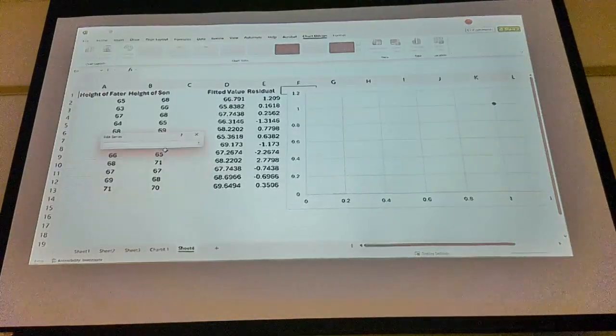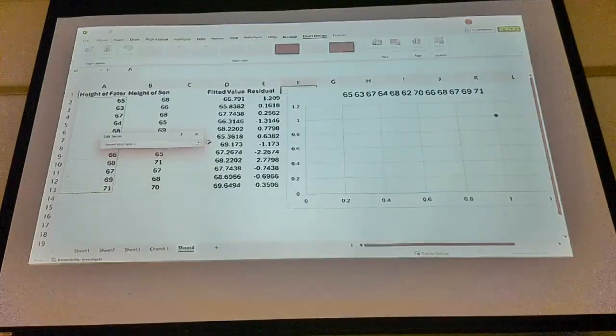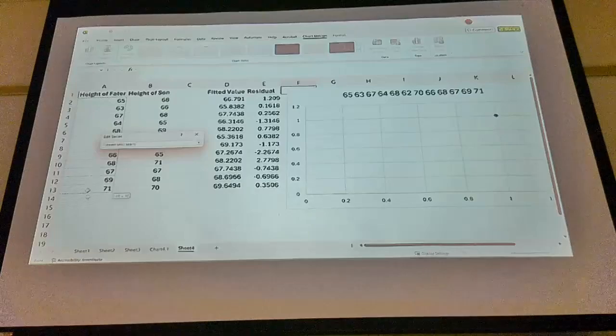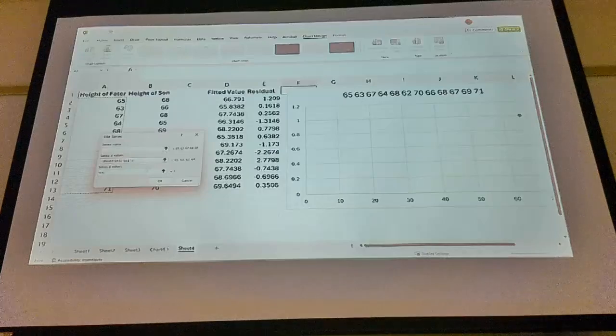It's the explanatory. That's better. I can always delete that. And the y values are the residuals.